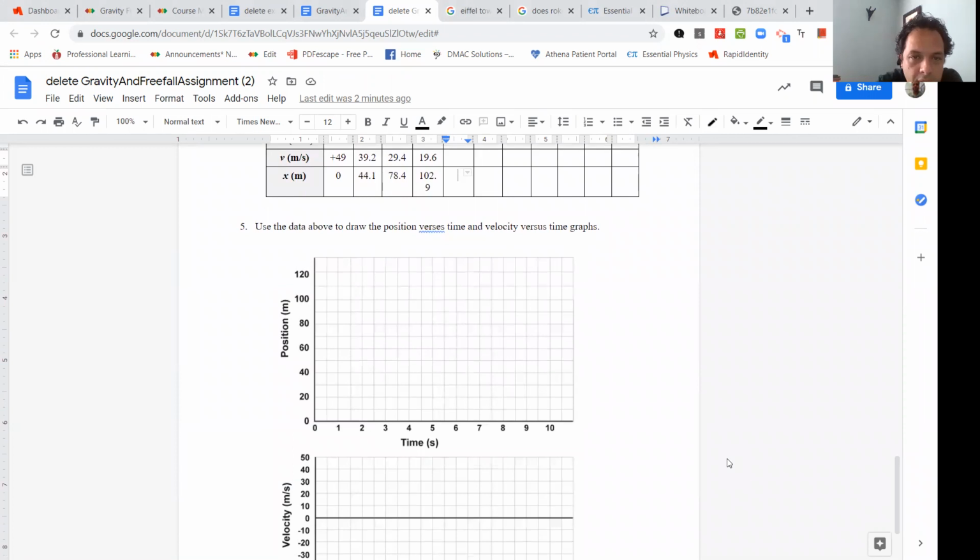So velocity, it starts off at 49. So it starts off close to 50. So it might be best to do this on a whiteboard Fox. And then the next one is 39.2. That's close to 40.